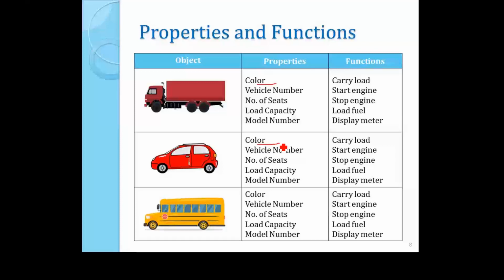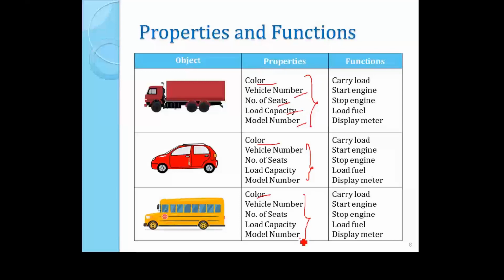Similarly, for all three, we have vehicle number, number of seats, load capacity, model number, etc. All these parameters are called properties. And remember, these properties are common for all these objects. That's why I'm grouping these three together to form one particular class.